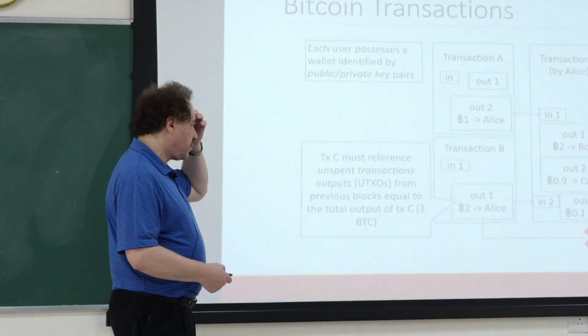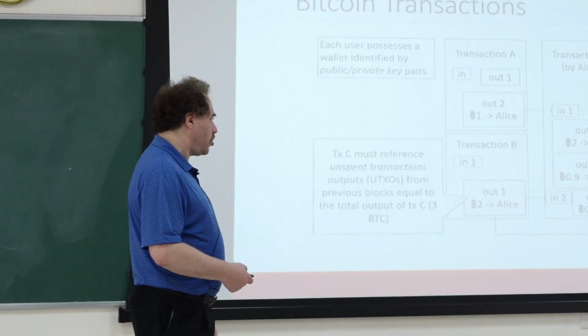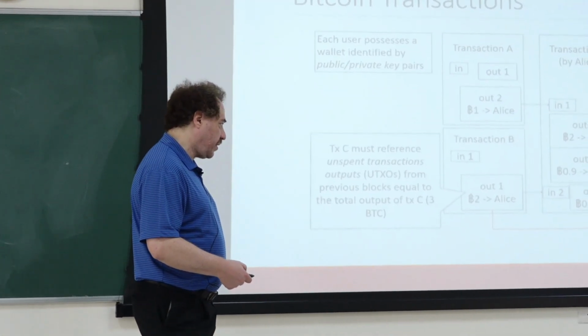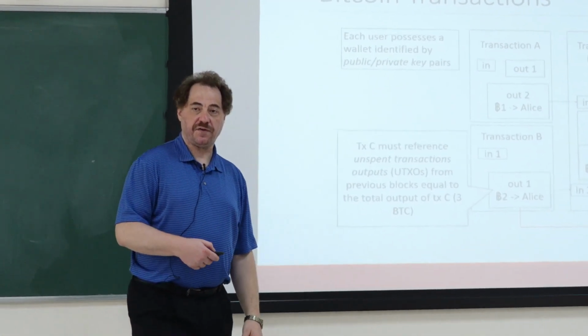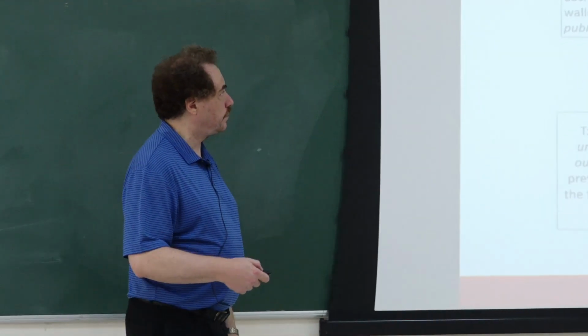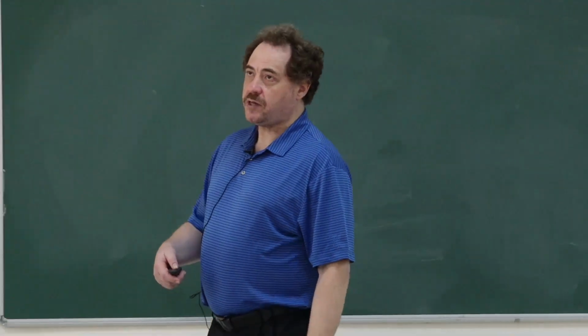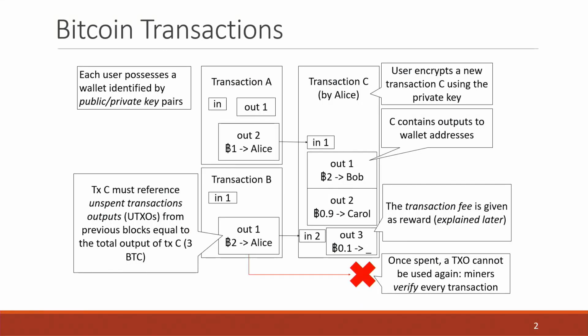And once spent, a transactional output cannot be used ever again, because miners verify every transaction. So that's the idea of UTXO, and that's the basic idea of how transactions are structured and laid out in Bitcoin. So if you have any questions about transactions, please ask. Otherwise, we are moving on to wallets.